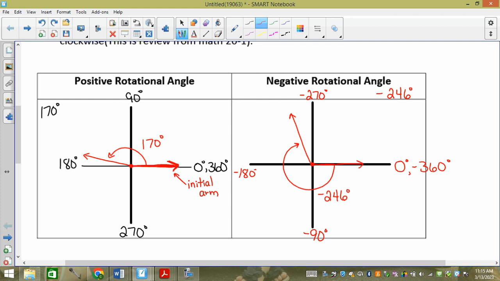Nothing crazy. Now, because we've already done this, we're geniuses. Convert the 170 and the negative 246 to radians. Because we have to be able to convert back and forth like in our sleep.